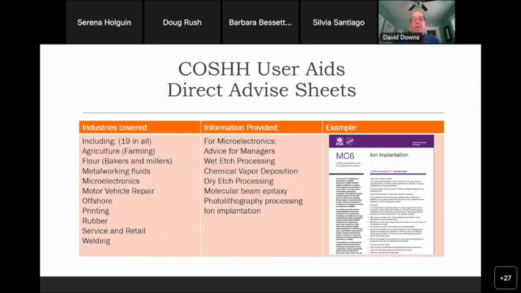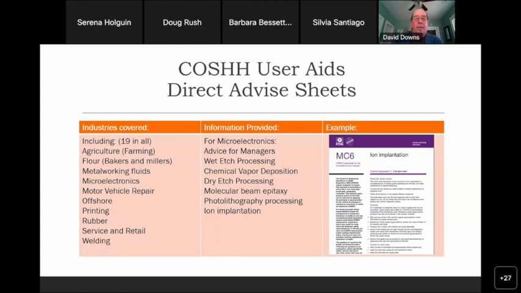So the thing that they did then was they developed these industry-specific guidelines, and there were 19 in all, and you can see some of the ones that I've put in place here, but there's actually 19 total.